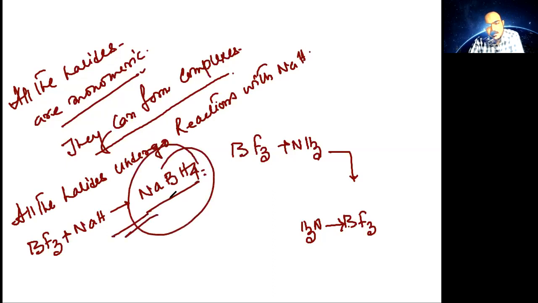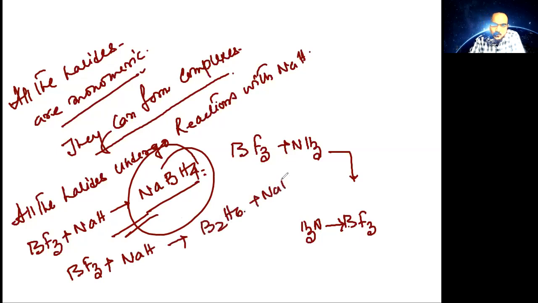So this NaBH4 is a reducing agent. You can also see BF3 plus NaH can produce B2H6, plus NaF as a product.